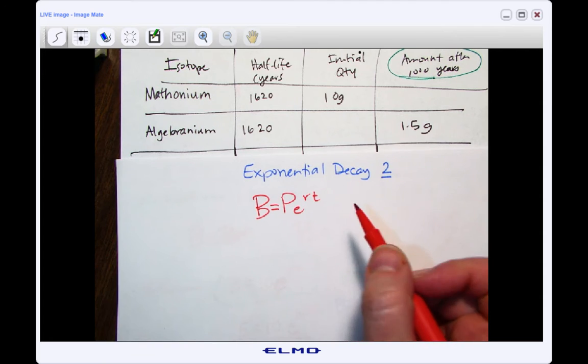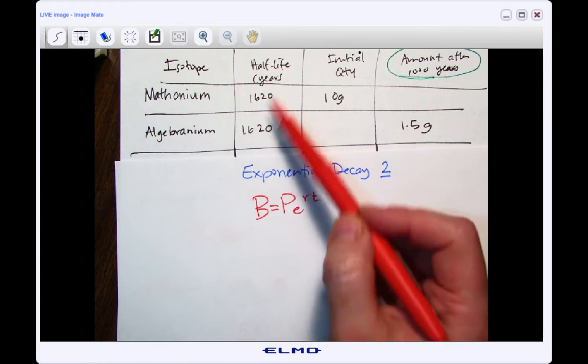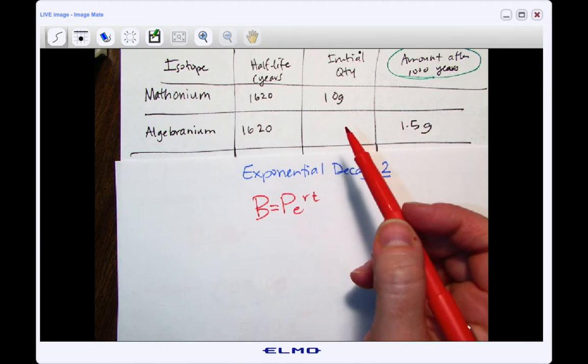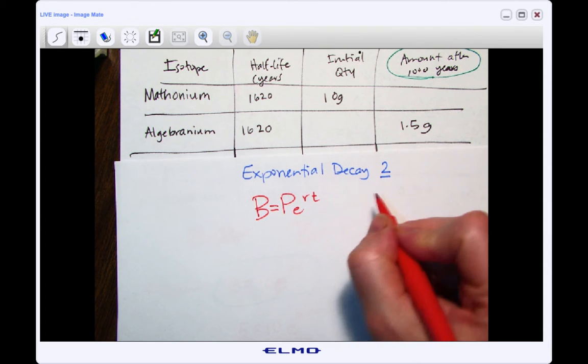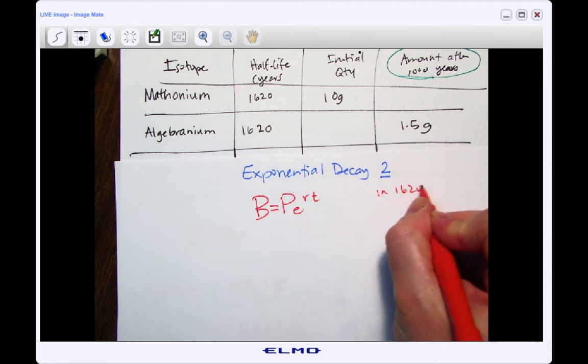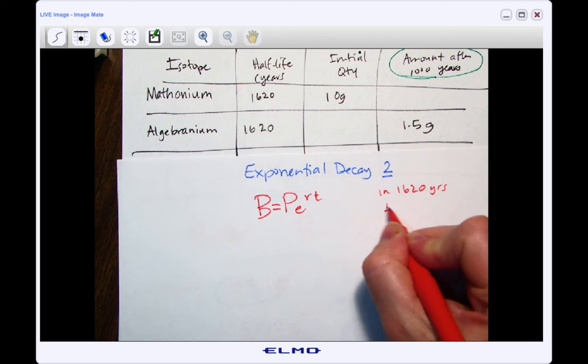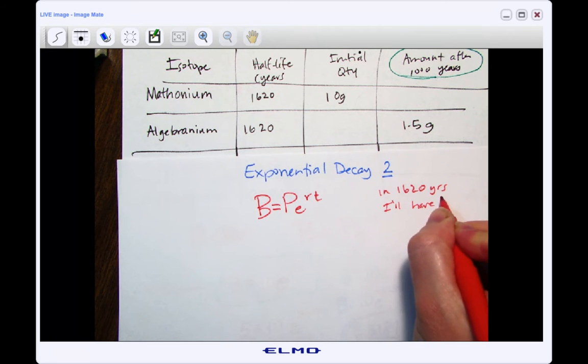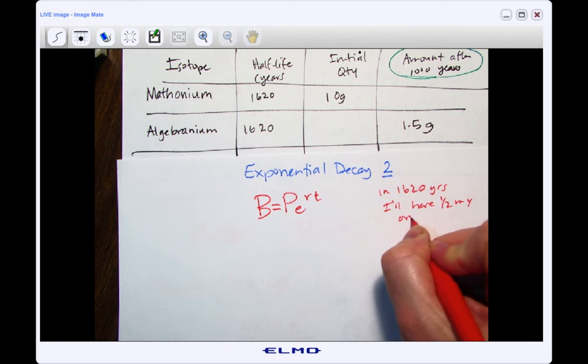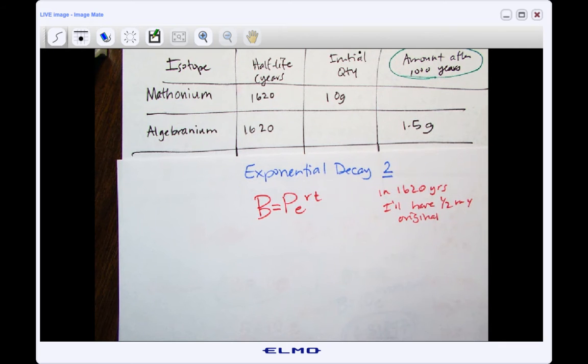In order to solve for the rate, I'm going to use this column information first. I'm going to use the half-life. This says, in 1620 years, I'll have half my original. So that's what half-life says. In 1,620 years, I'll have half of whatever my original was.